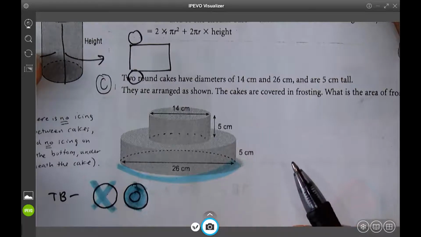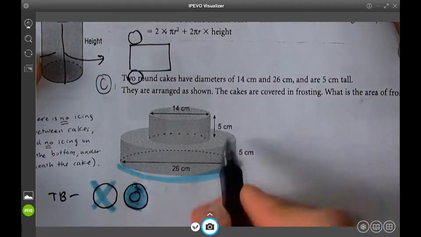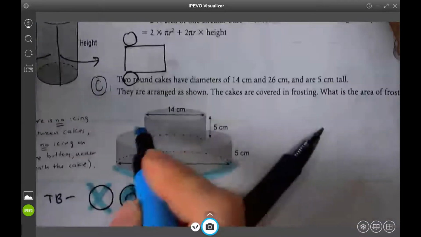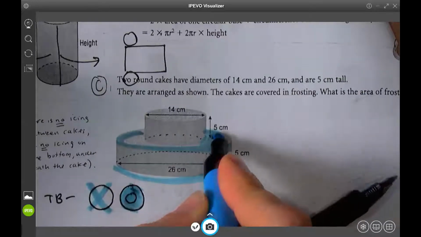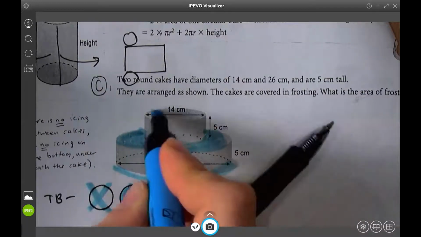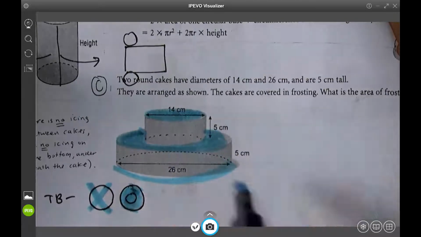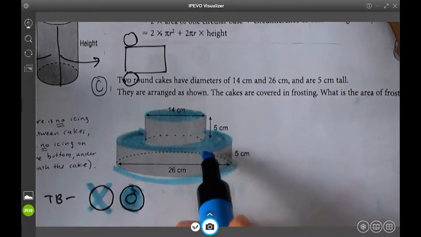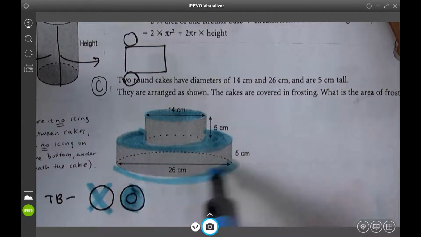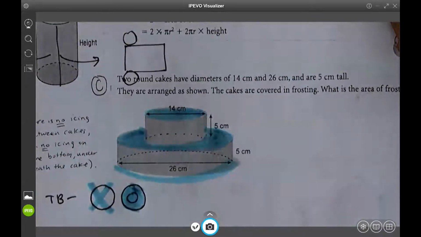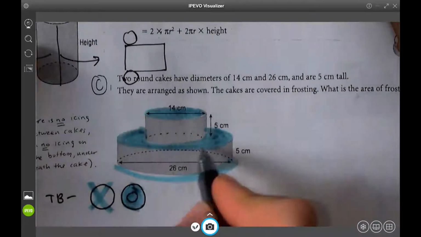So rather than calculate this part and then calculate this part and subtract it, I'm just going to calculate the bottom and include it once.